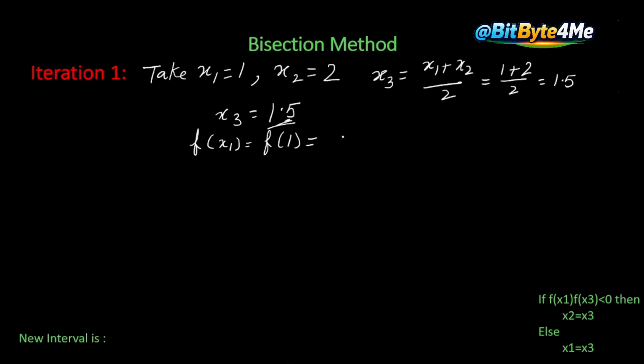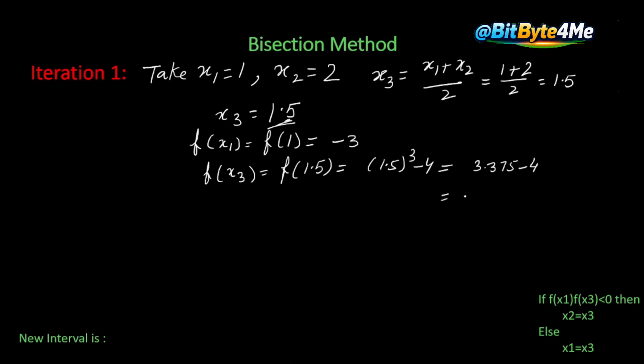And f(x3) = f(1.5), which you can calculate by substituting in the equation, that is 1.5³ - 4, which is equal to 3.375 - 4, which is equal to -0.625, which is less than 0. So f(x1) is less than 0 and f(x3) is less than 0.